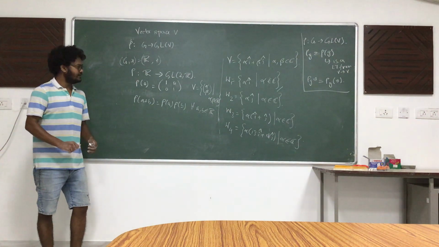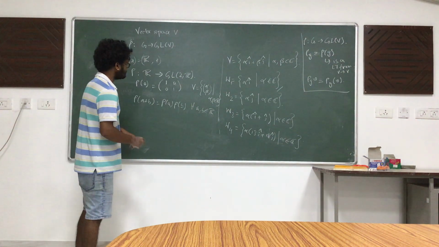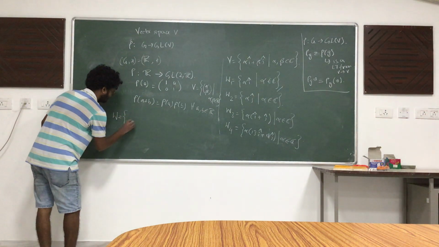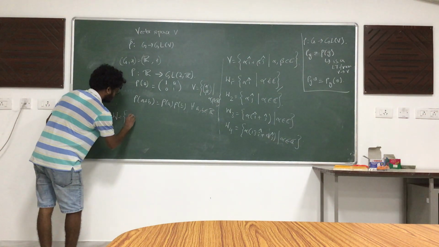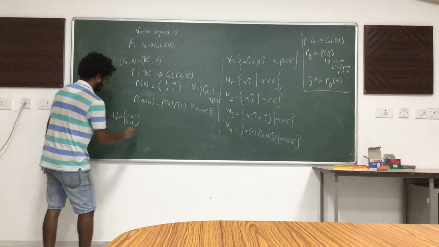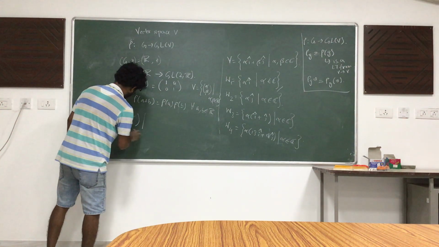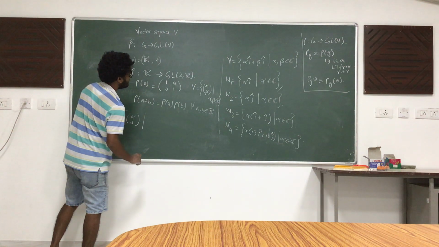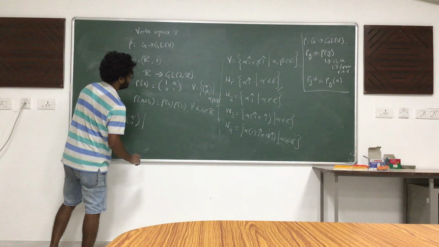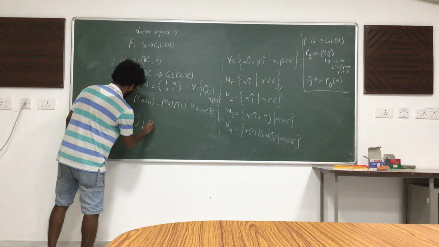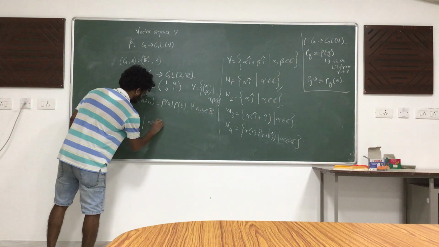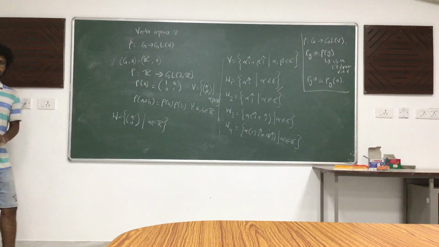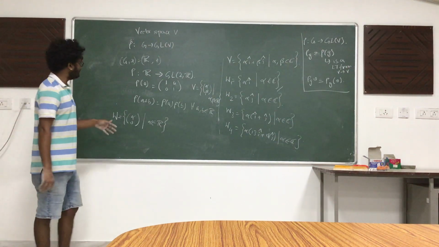Okay, now let us take W, which is a subspace of V, such that it is just the upper component. Only the upper component. Okay.